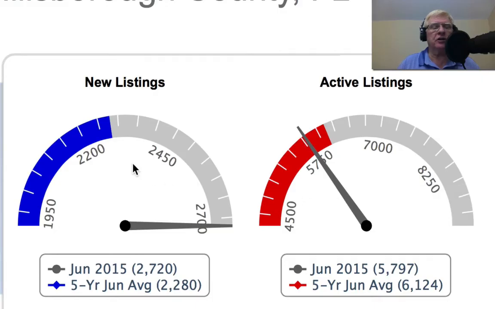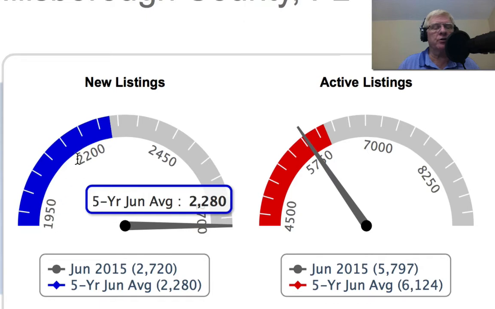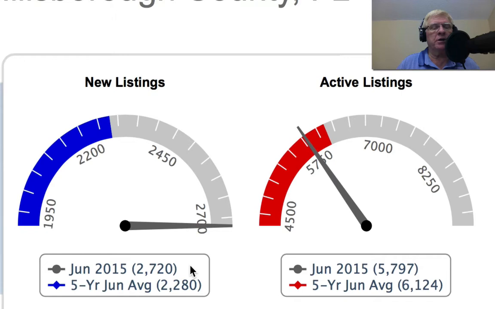So let's take a look at the new listings. You'll notice that the needle is all the way full gas over to the right. The reason is that we have a 5-year average of 2,280, which falls right into this range here, but we ended up with a whopping 2,720 new listings.